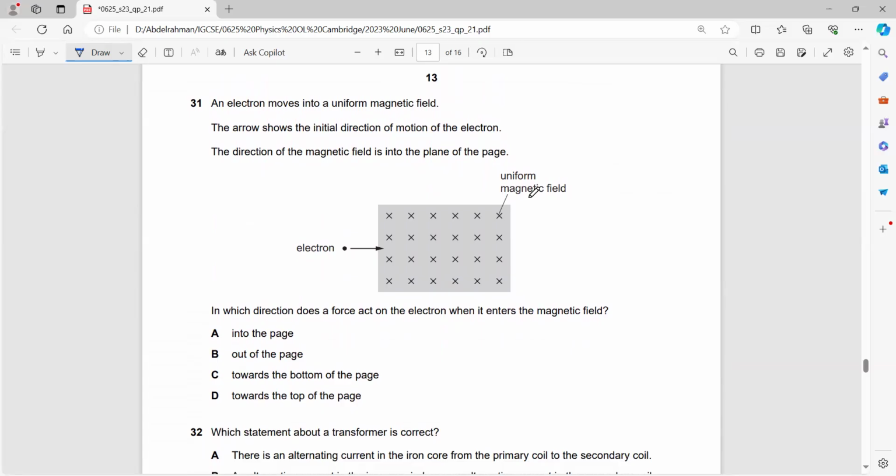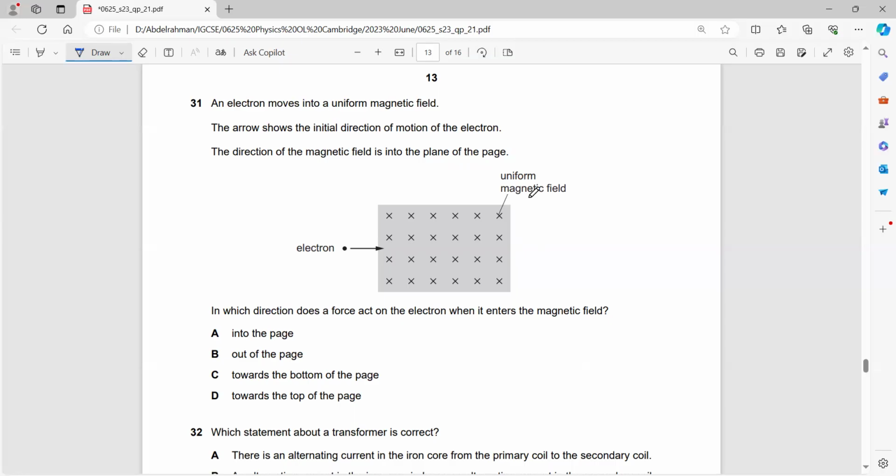Question 31. We have an electron moving to the right, and a uniform magnetic field directed into the page. If you have an electron and a magnetic field, what do you use? You use Fleming's right-hand rule. The first finger, the index, is the magnetic field.